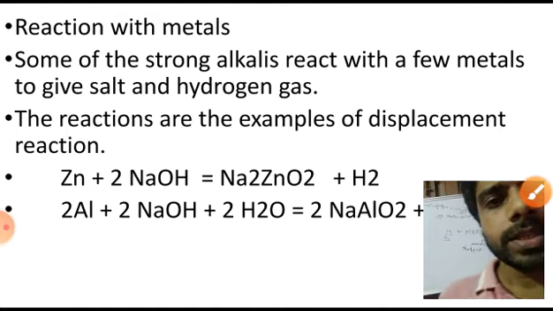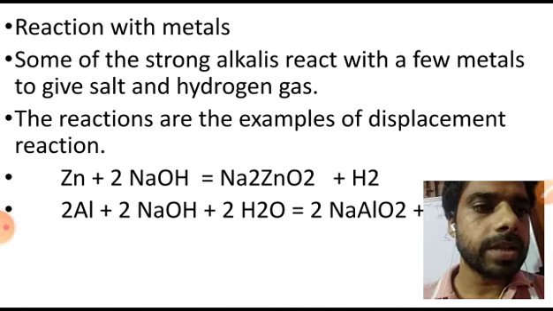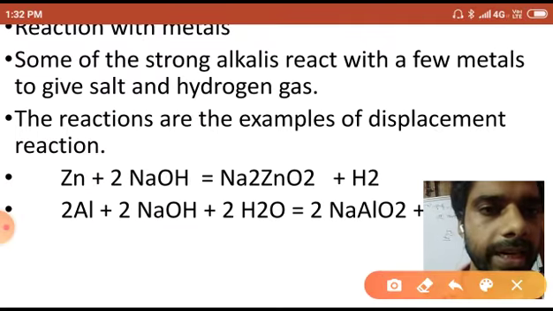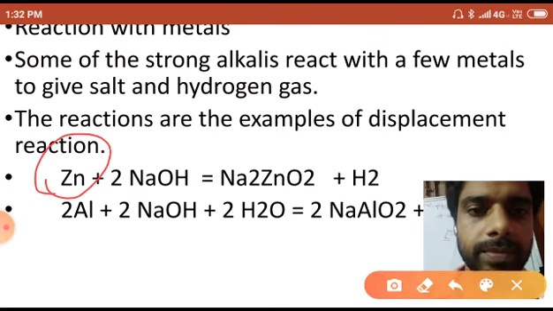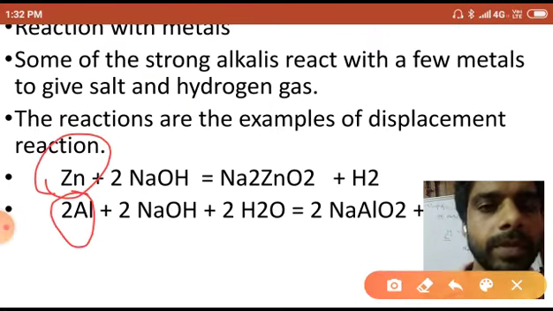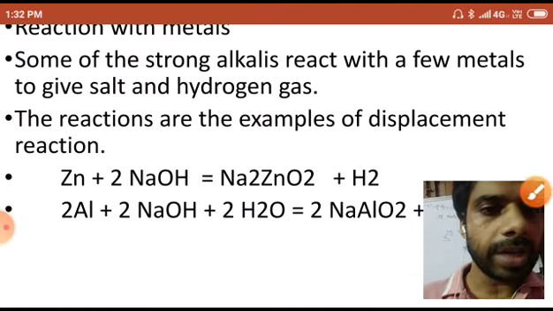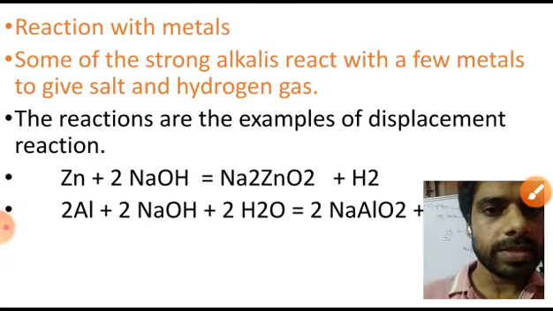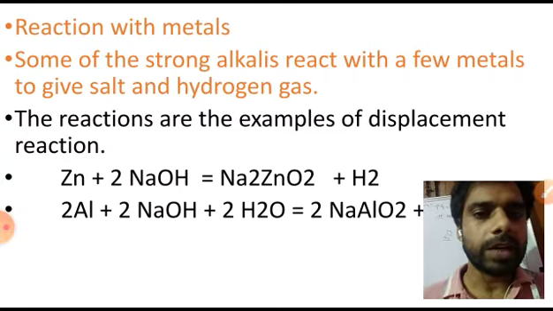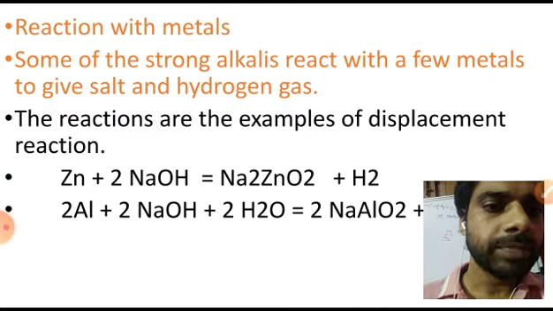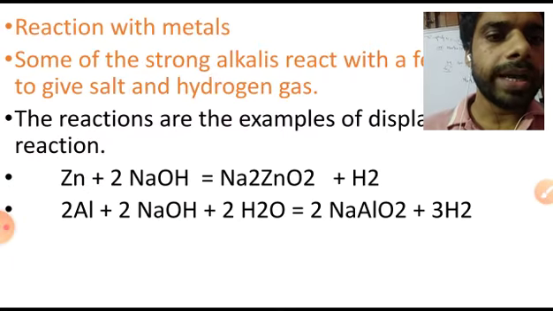Now the reaction with metals. Here you can see I have taken Zn and Al. Some strong alkalis react with a few metals, zinc and aluminium, and give you salt and hydrogen gas.